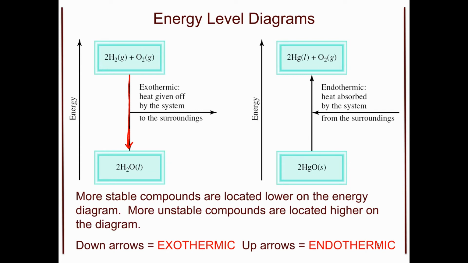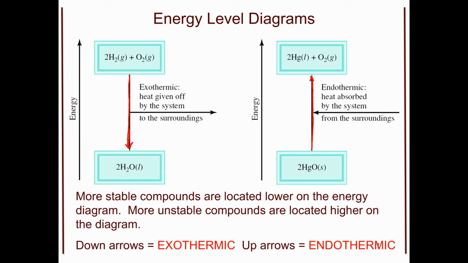So if your reactants are higher up on your energy level diagram, and then our products are farther down, this is going to be an exothermic reaction, and you will see downward facing arrows. As you can see in our endothermic example here on the right, we are actually going and taking a stable reactant, our HgO, and you'll notice that I will go once again from my reactants towards the products, but now I will have formed more unstable products.